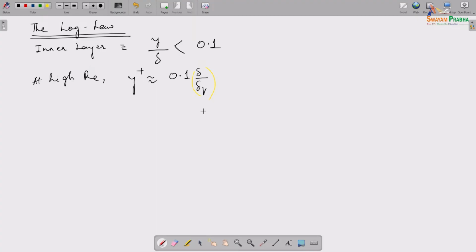This delta by delta v is actually the viscous Reynolds number, the Reynolds number in the viscous length scale. So y plus is equal to 0.1 Re.